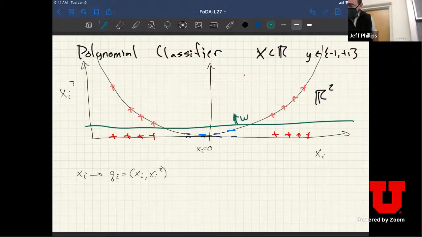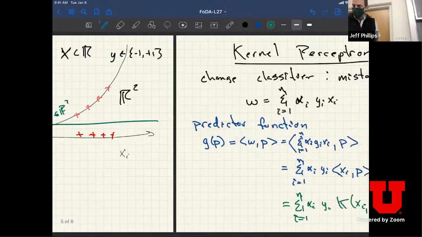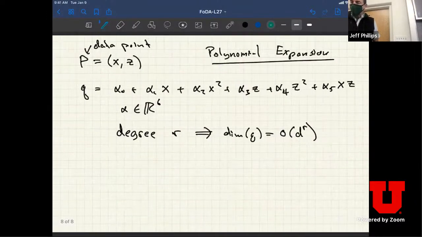W is now in R2 instead of R1, or in general R to the D to the R, that's what my dimension is going to be, and I can represent it this way by doing this polynomial expansion.